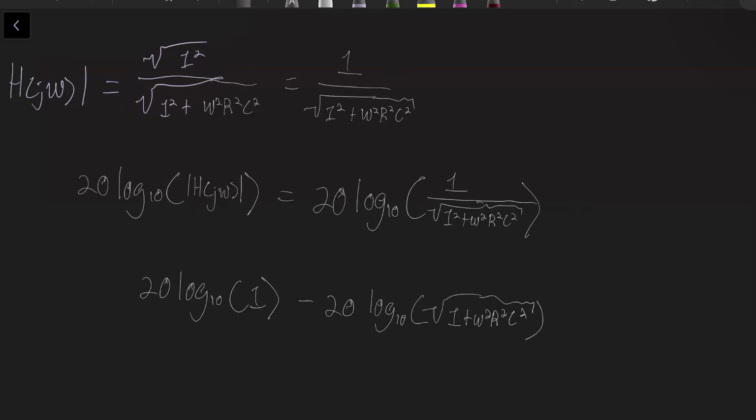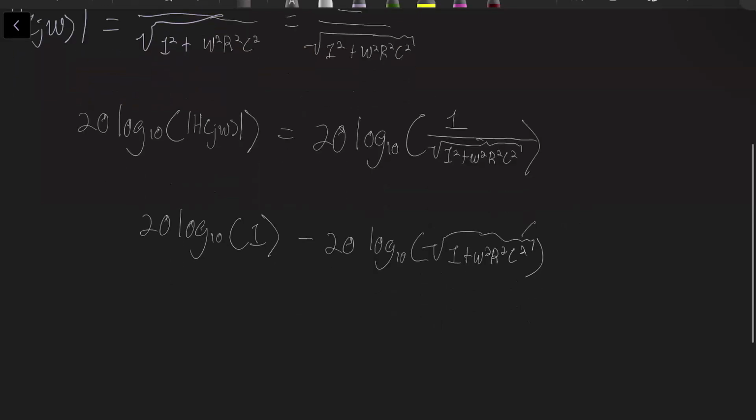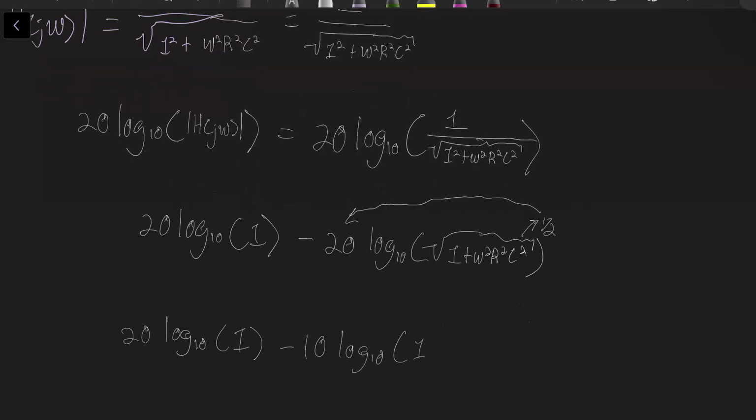And then we can simplify this a little bit more because we can bring our square root to the exponent. And then we know with logs, whatever we have in the exponent, we can move into the coefficient out front. So we're going to end up with 20 log base 10 of 1 minus 10 log base 10 of 1 plus omega squared R squared C squared.